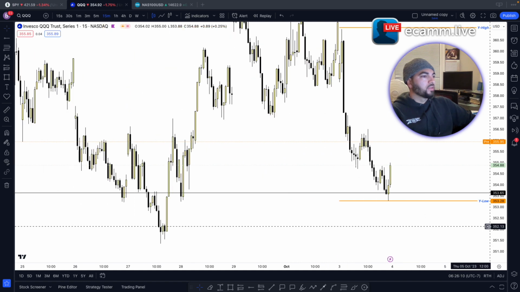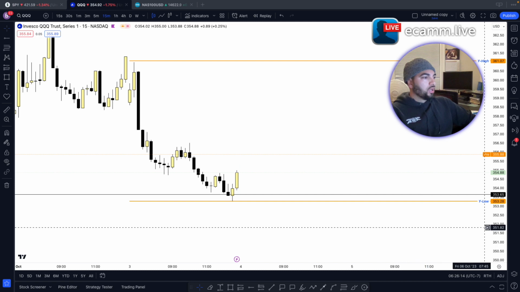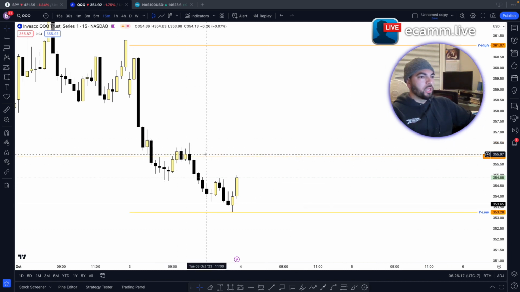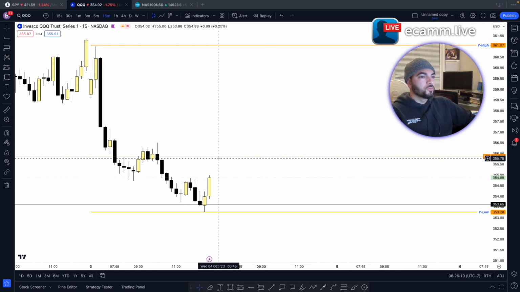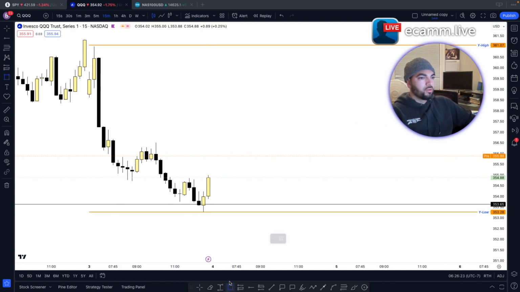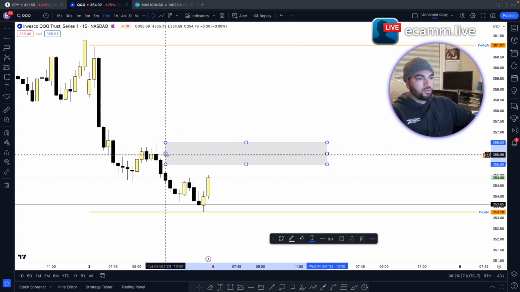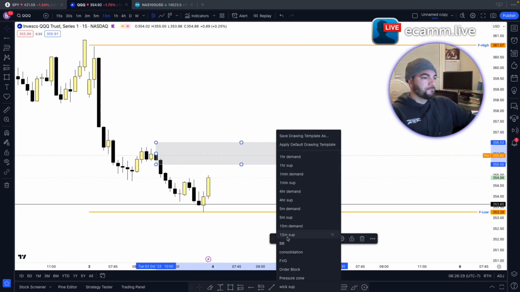But right now, at this time, I am pretty bullish. But we are hovering in this supply zone here. So, this on the 15-minute. Impulse move down, leaves behind supply.